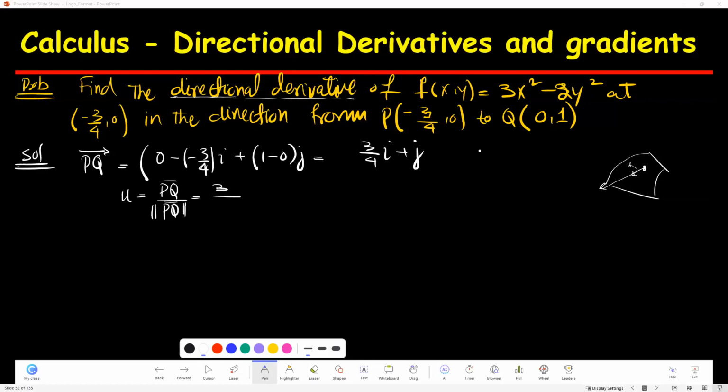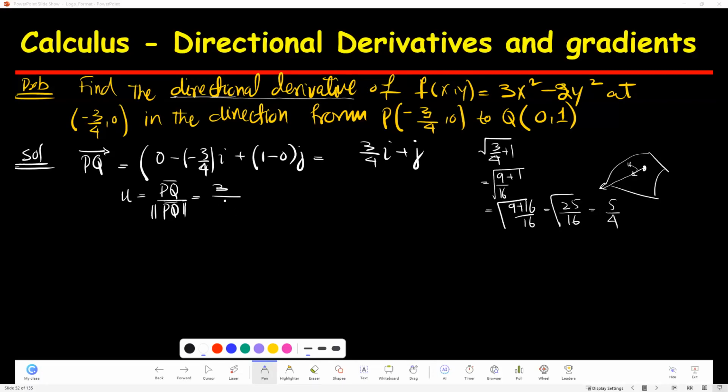The magnitude is the square root of 3 squared plus 4 squared, which is 9 plus 16, which is 25, and the square root is 5.